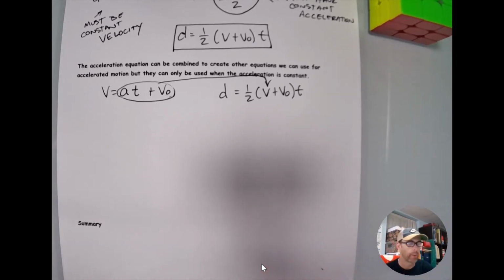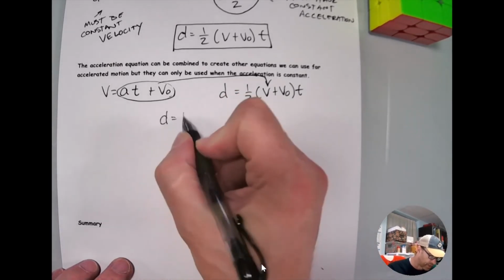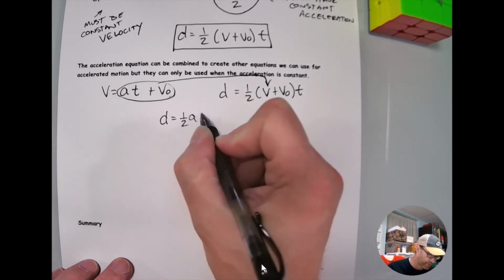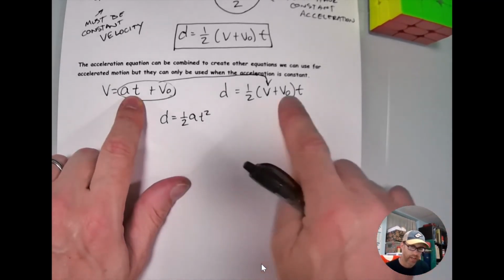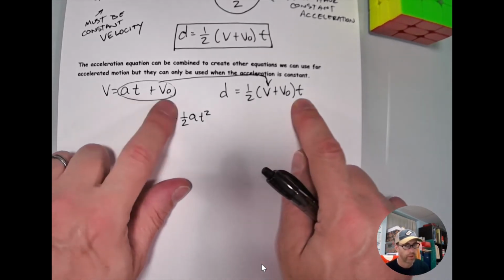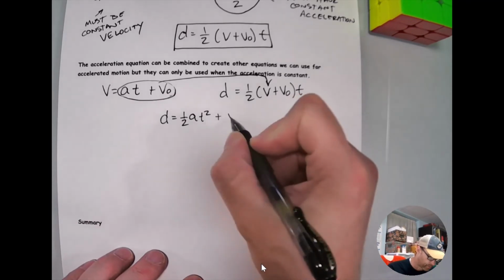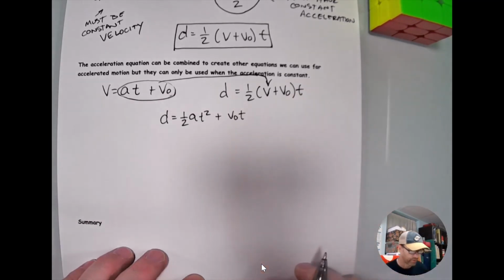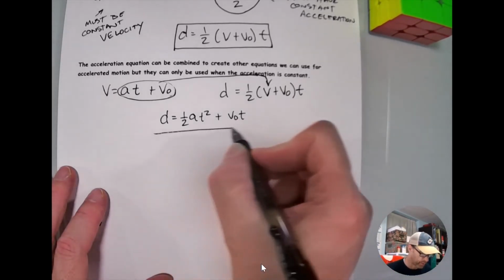Okay, and when I do that, I'm going to do a little bit of algebra, so I'm just going to clean it up a little bit for you. But when I make that substitution, it creates this equation that says the displacement would be 1/2 a t squared. Notice that I have at, and it's going to be inside the parentheses, so that's going to become at squared. But then I also have v naught, so that v naught is going to become plus v naught t. This is our third equation. And what's different about this equation is that there is no final velocity.